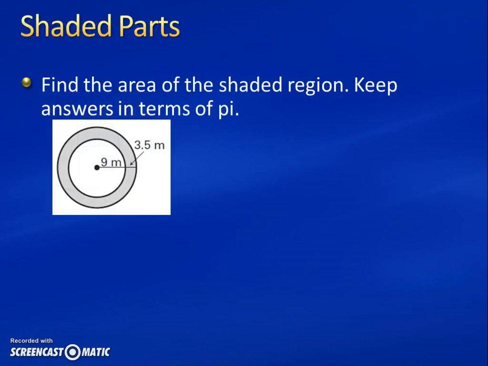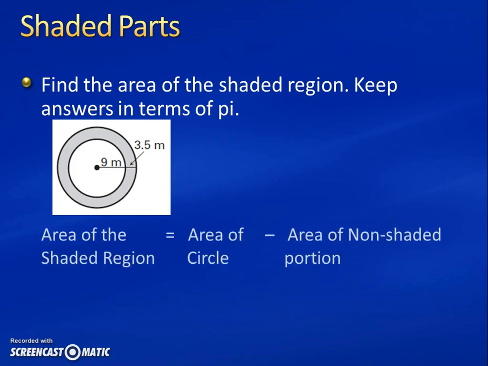Right, in this question, it wants us to find the shaded part, so find the area of the shaded region. In this question, we're going to have to deal with different parts, right? The idea is we have to find the area of the shaded region by subtracting the area of the circle minus the area of the non-shaded portion.